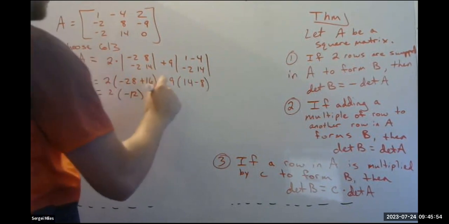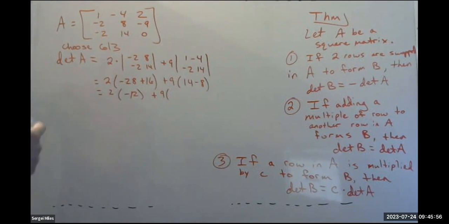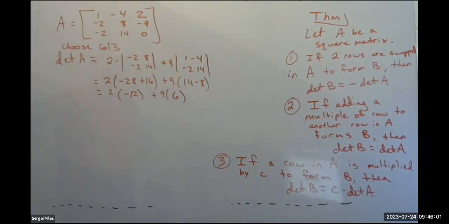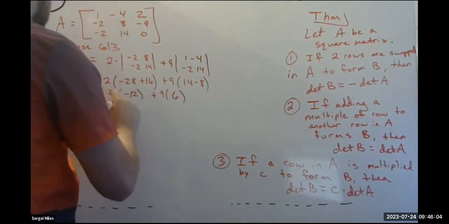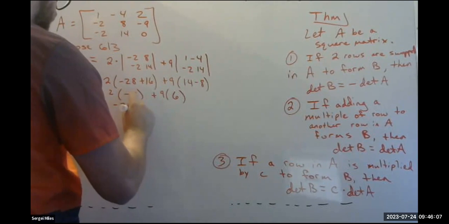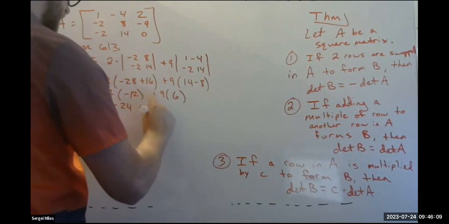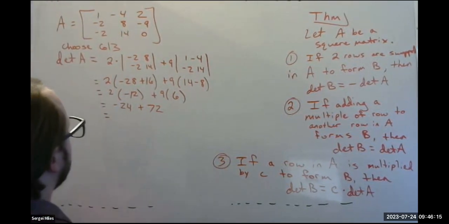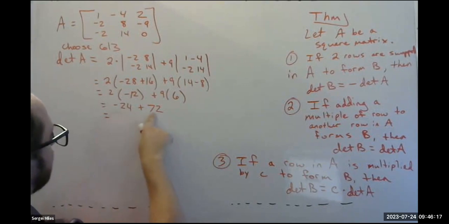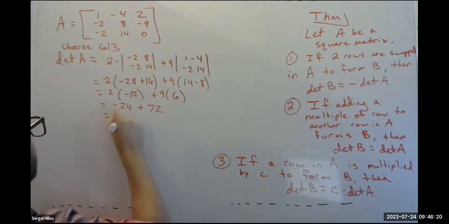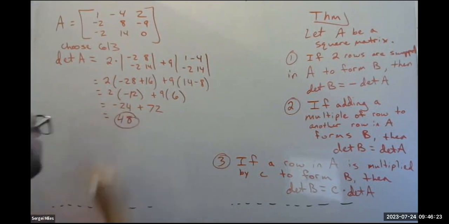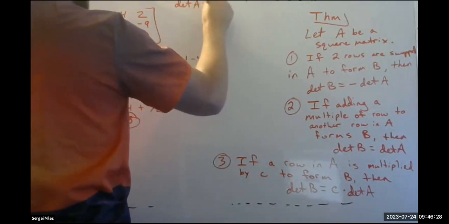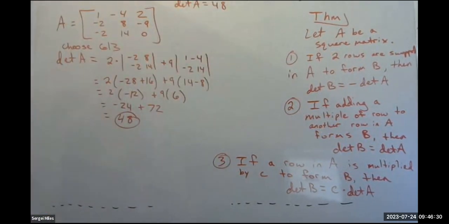Plus 9 times 14 minus 8. What is that? 6? If I did that correctly. Okay. Negative 24 plus 72. And we're going to get a final answer of, let's see, 48. All right. So hold on to this. I'm going to write this up here. The determinant of A we know is 48 by the cofactor expansion.